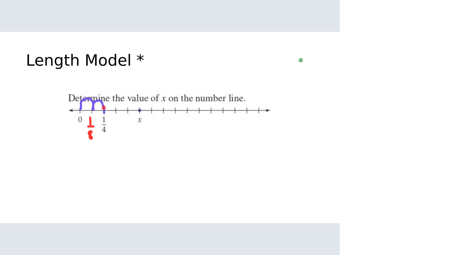And so if I go here, that's 2/8. And if I go here, that's 3/8. And if I go here, I'm not going to worry about reducing this, I'm just going to call it 4/8. And then if I go here, I must be at 5/8. Each step along this is 1/8. So when I do 5 steps, I must be at 5/8.